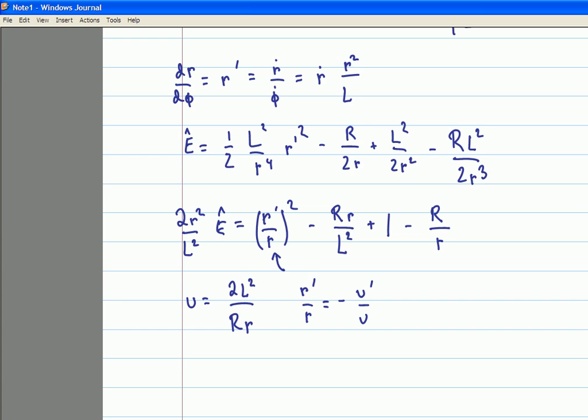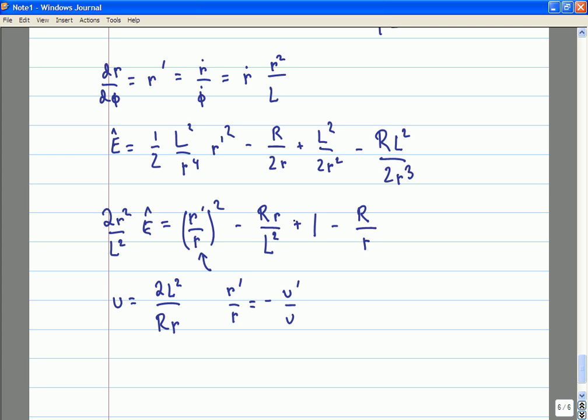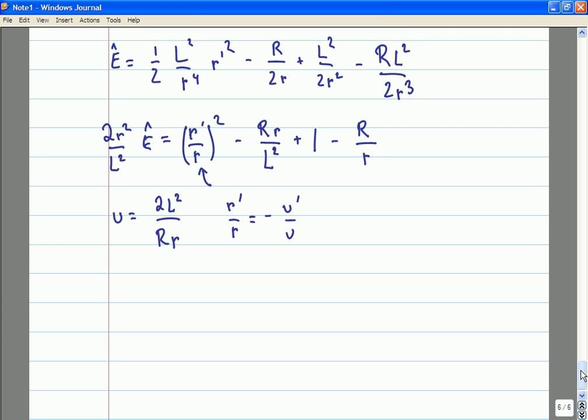Okay, good. So u is a constant over r, so u prime over u is just minus r prime over r. So rewriting this equation, what do we have?